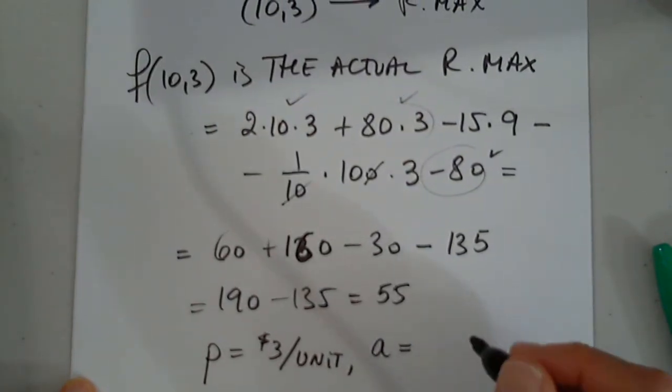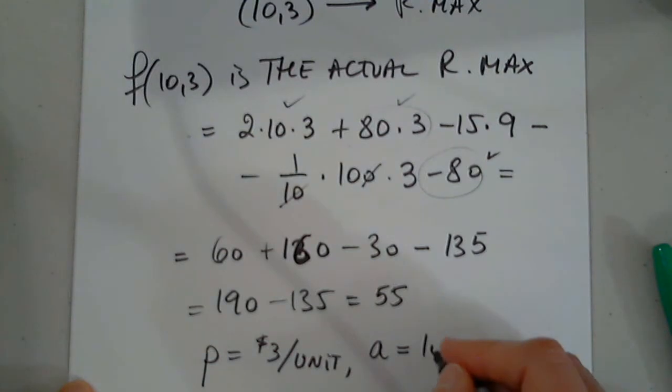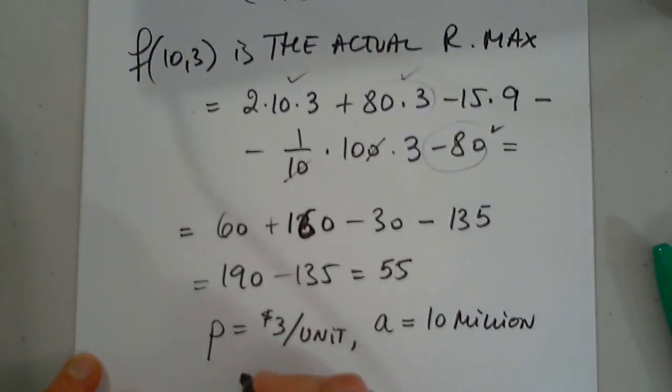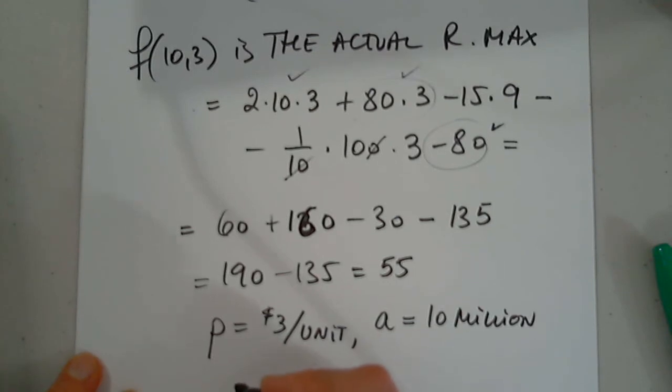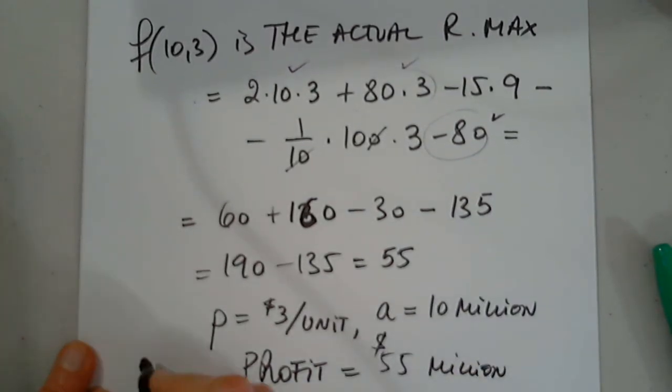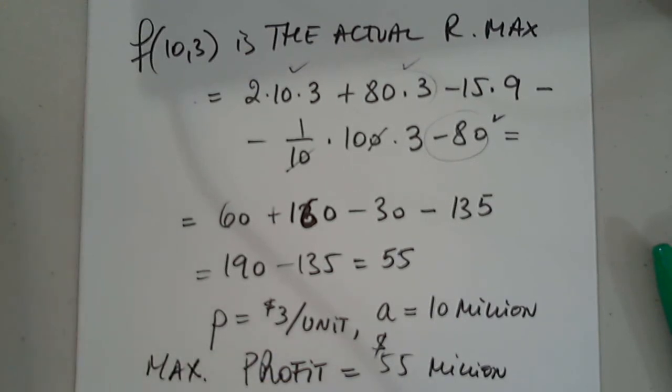Lowercase a is 10 million, and we're looking at the profit. They should not have used P, they should have used X or something like that. So I'm using profit, you know what I mean. 55 million, which is the maximum profit.